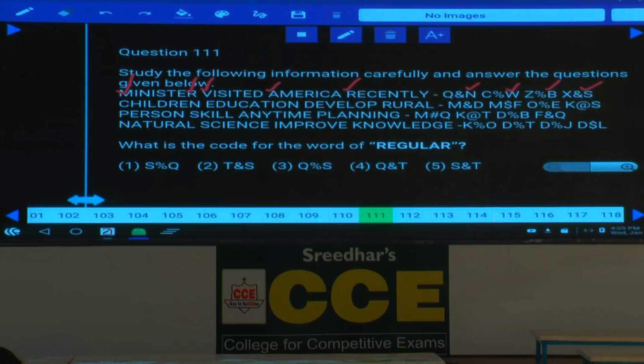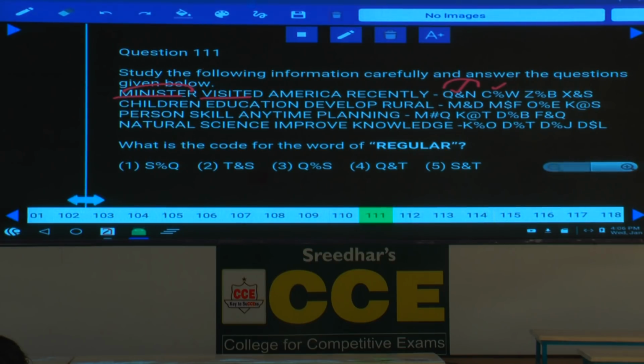R. R minus 1 is Q, D minus 1 is C, A minus 1 is Z, and Y minus 1 is X. First letter plus 1 is the last letter minus 1 is the first letter, isn't it? Then, coming to this one, 8 letters are there, 8 letter is represented by N, and here 6 letter represented by percentage, because for this minister this is the code we got, hence 7 letter, this is percentage.